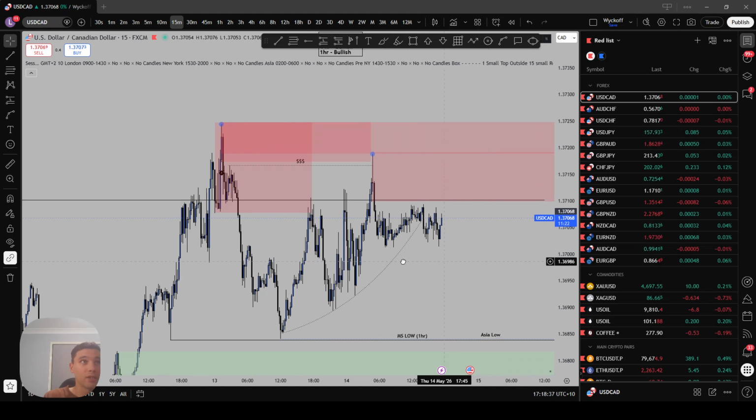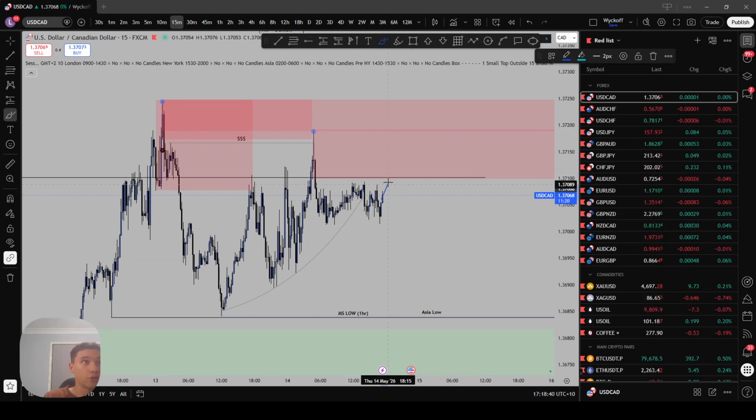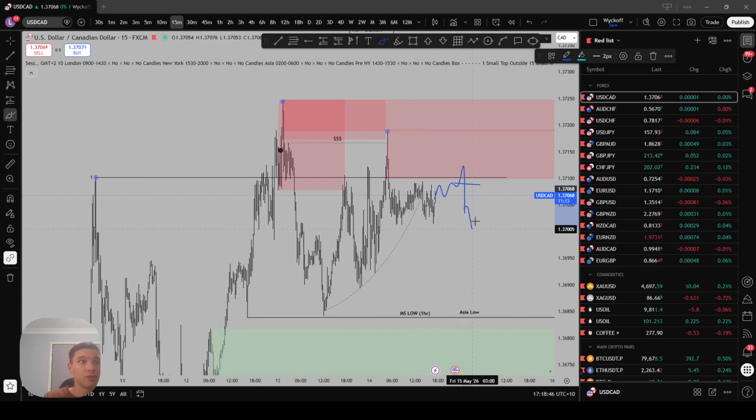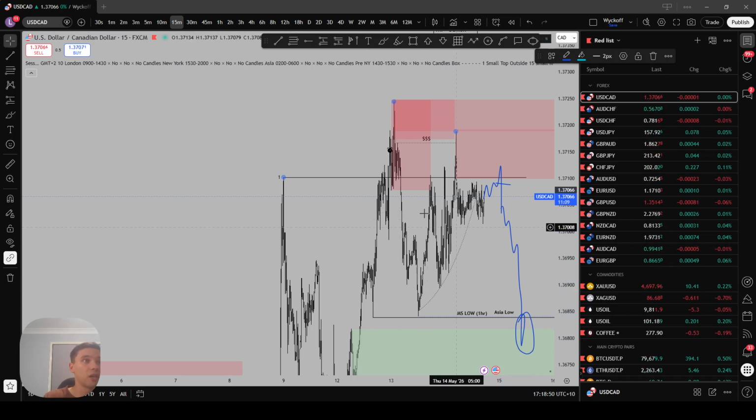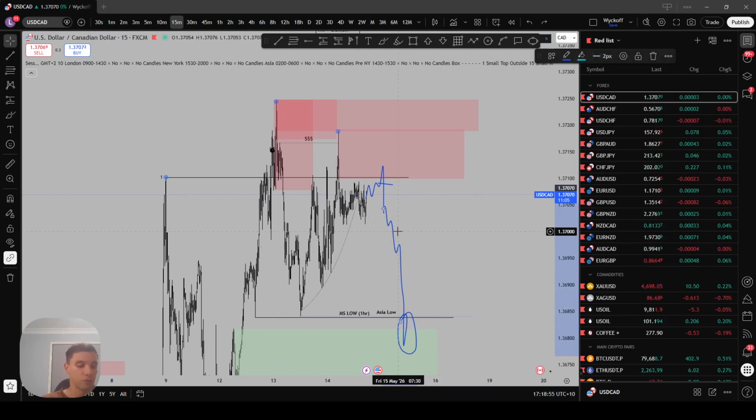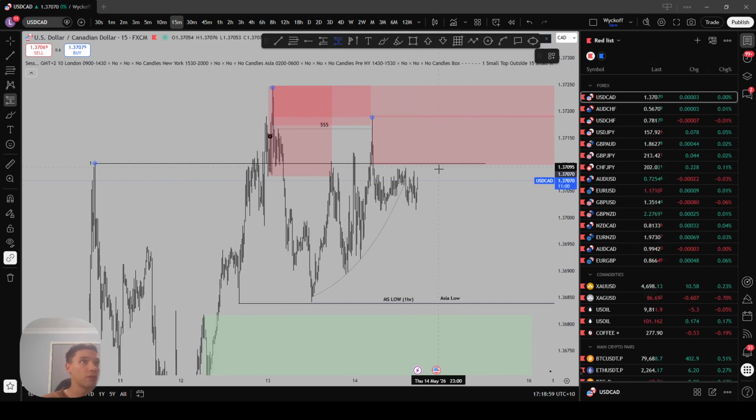Technically speaking, if we get a nice rejection from this supply and a strong break of structure back down, I will be happy to short this, at least until these lows and demand, and just take a slight TP. So what I will do is pre-plan this right now.